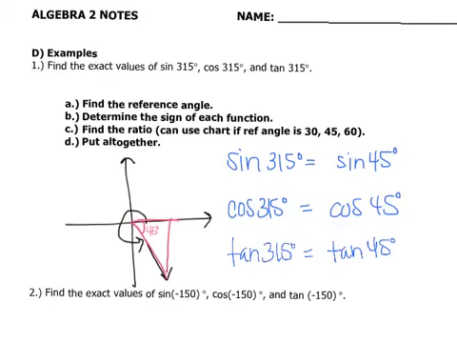Now, determine the sign of each function. That's where we are using our ASTC. What quadrant are we in right now?